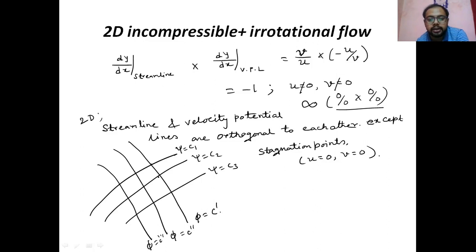Both are orthogonal to each other. So this is known as the flow net. If you plot this, it is a flow net. So that's all the concept here.